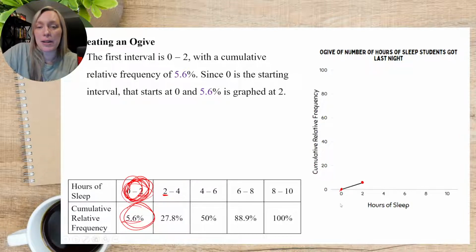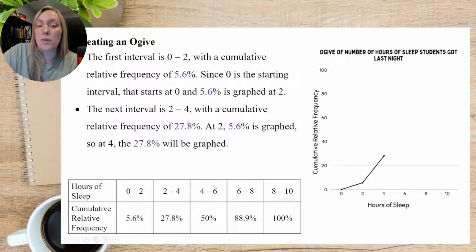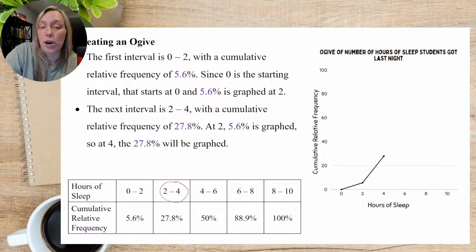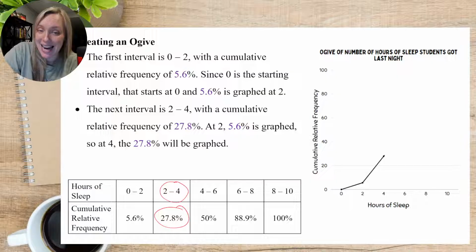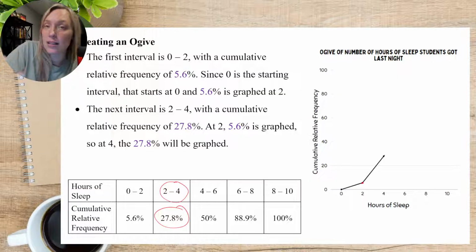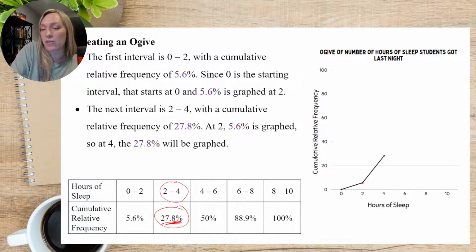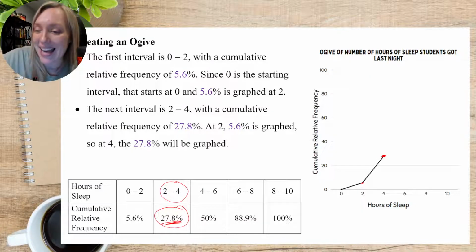My next segment, because the next interval is from 2 to 4 with a cumulative relative frequency of 27.8, I start at 2, because that's where my last line segment ended, and I'm going to go up to the 27.8 on the 4. So this right here ends at 27.8.